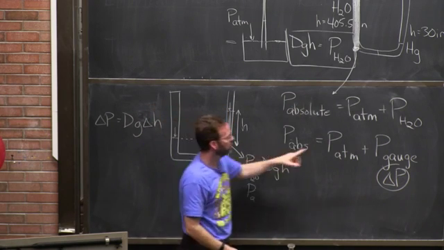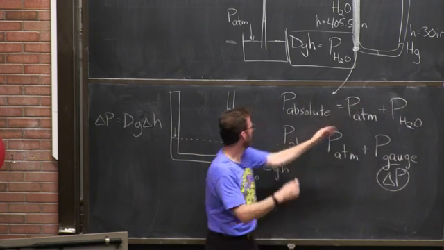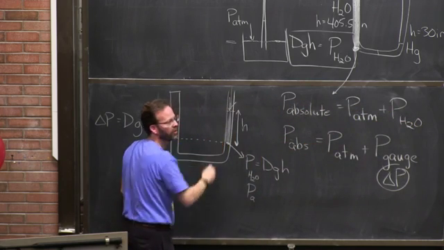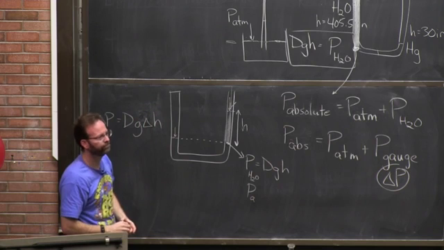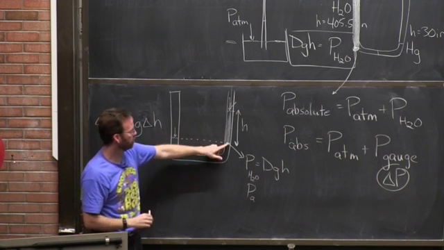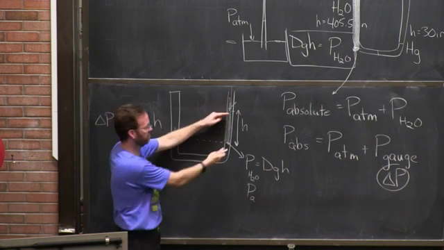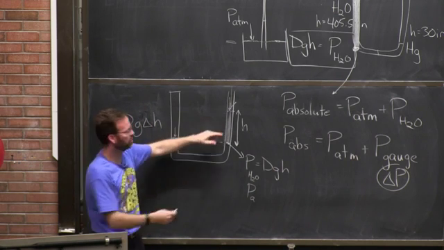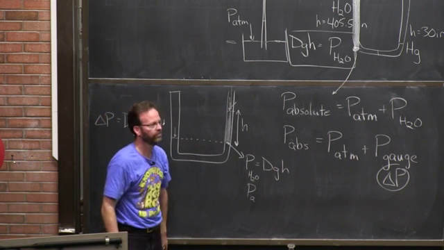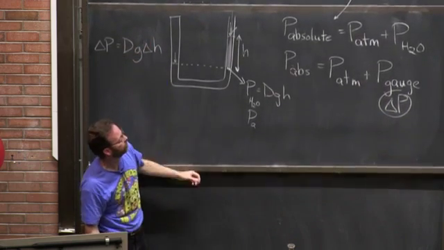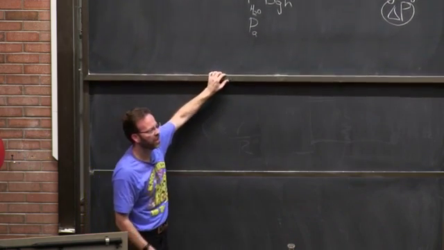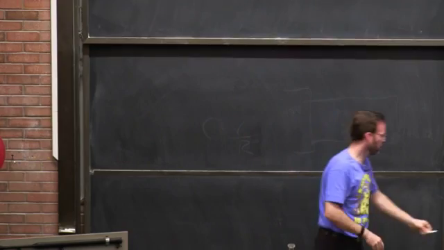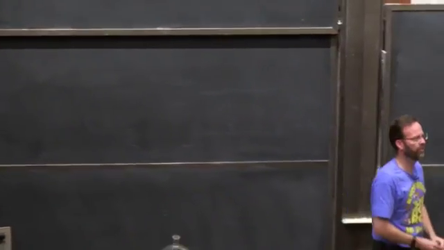You have to have the pressure due to the water plus the air that's still pushing down up there. So the absolute is atmosphere plus this difference. This is just measuring a gauge pressure, which is just that difference. If you want absolute, you have to include the atmosphere.